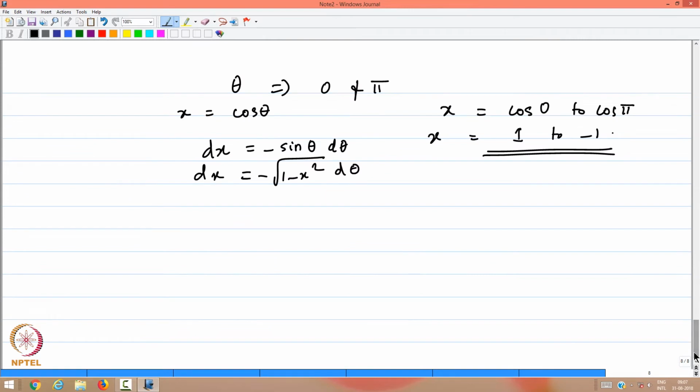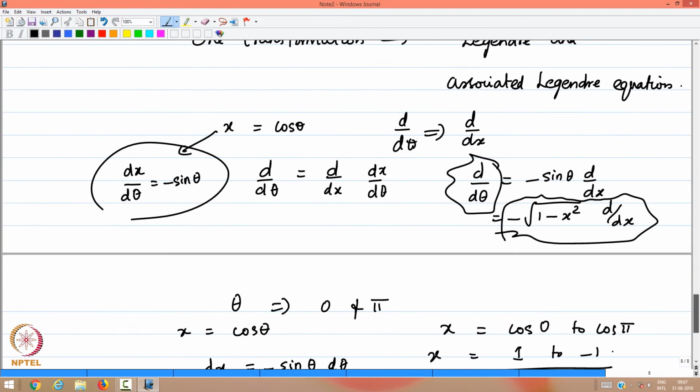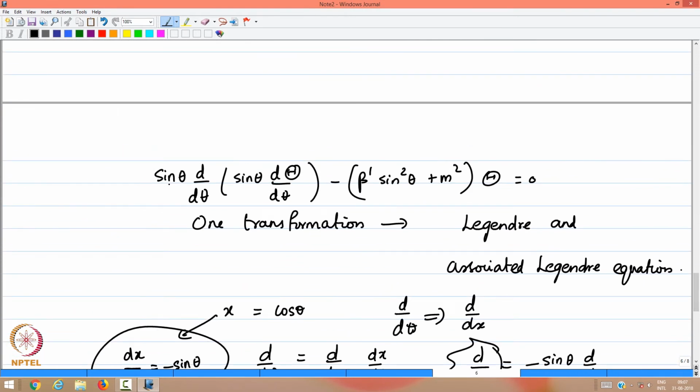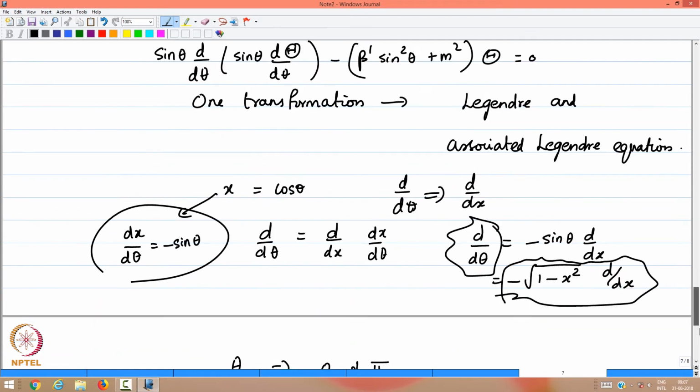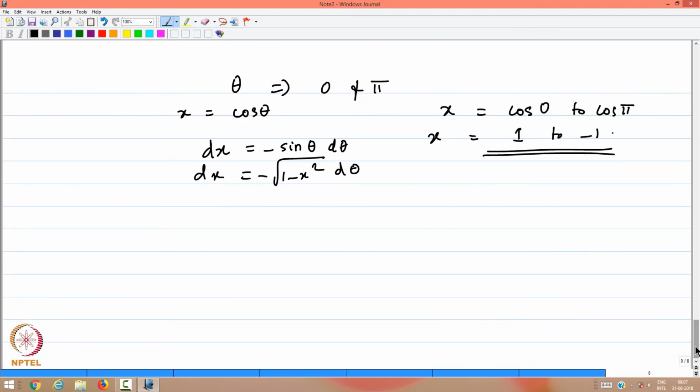Okay. So now with this change, you can write the angular equation. Please see this. There is a sin theta in front and there is a sin theta inside the derivative, preceding the other derivative, and then there is a sin square theta. Therefore, if you substitute for all of that, what you get is minus square root of 1 minus x squared, and you have square root of 1 minus x squared.